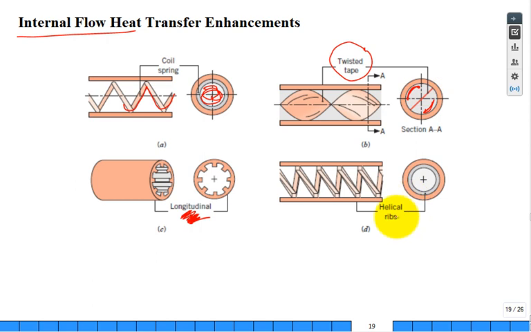Or they have a helical rib, like so. Anyway, these would be more empirical correlations. You can take a look at that section. I don't have any exam problems using this, and I don't have any knowledge that they're ever tested on the FE exam.